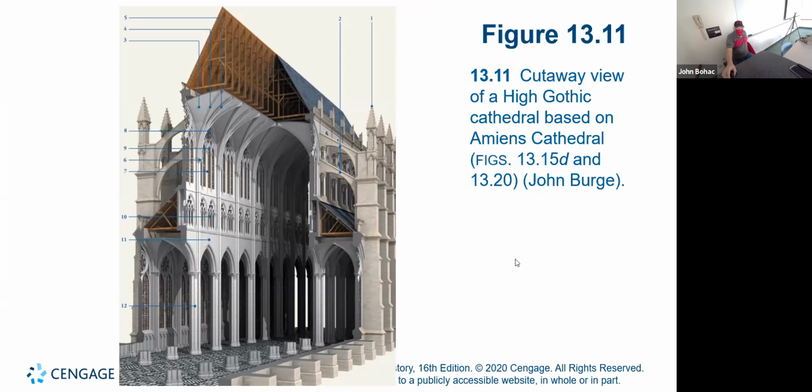And I got a cutaway here. This is a different cathedral, but what happened at Notre Dame was kind of what was happening here. This is the Amiens Cathedral, and it's high Gothic. And you see up here, timbers.